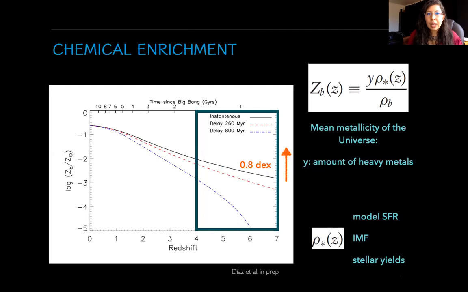Finally, the chemical enrichment, which is driven by the star formation rate, is shown here, and it's mainly due to the model that is set for the star formation rate, the initial mass function, which in this case we're assuming a model from Chabrier 2003 that accounts for intermediate and large masses for the stars. And also it's depending on the stellar yields in our models.